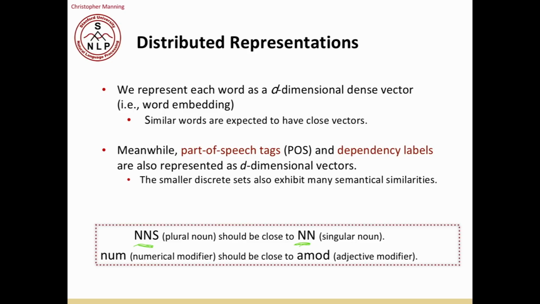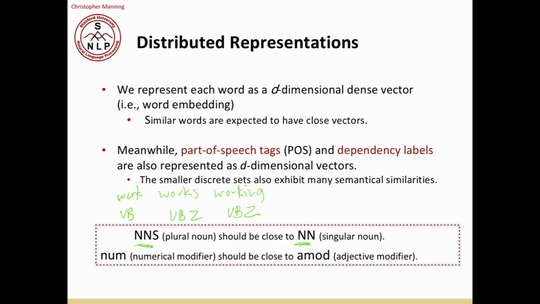And you have different parts of speech for work, works, working, the different forms of verbs are given different parts of speech as well. So there are sets of parts of speech labels that are kind of clusters. So maybe we could have distributed representations of parts of speech that represent their similarity.